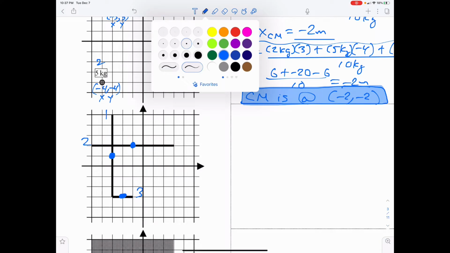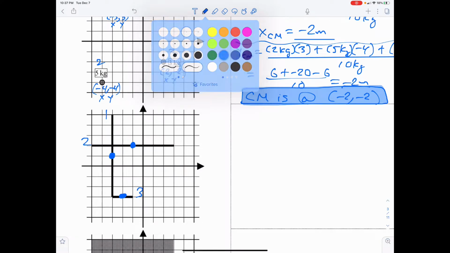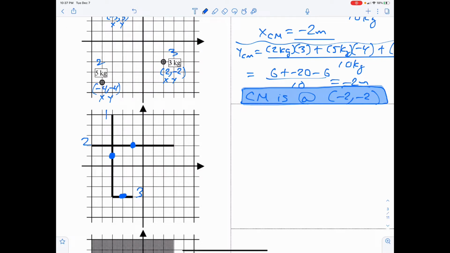What I would do now is find the coordinate points for those center locations. So the coordinate point for bar 1 looks to be negative 3, up 1. There's your XY coordinate right there.